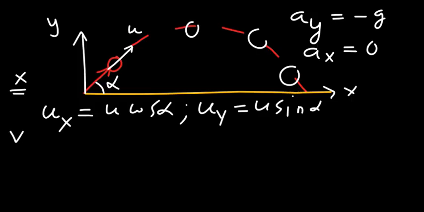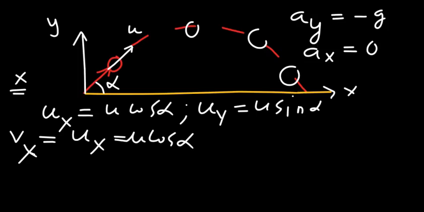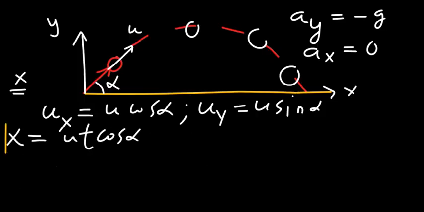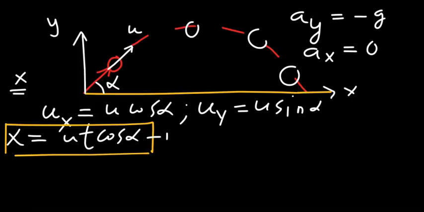Because there is no acceleration along the x-axis, the later x component velocity will always be ux, namely u cosine alpha. So that means the x-coordinate would vary quite simply as vxt, or ut cosine alpha. So that is the kinematics equation along the x-axis. Let's call this equation 1.